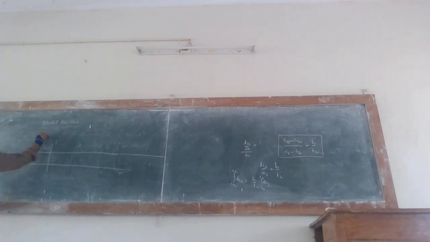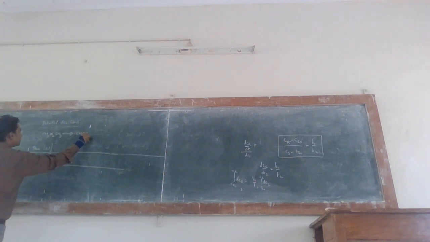So the reaction is azomethane, CH3N2CH3, giving rise to CH3CH3 plus N2.